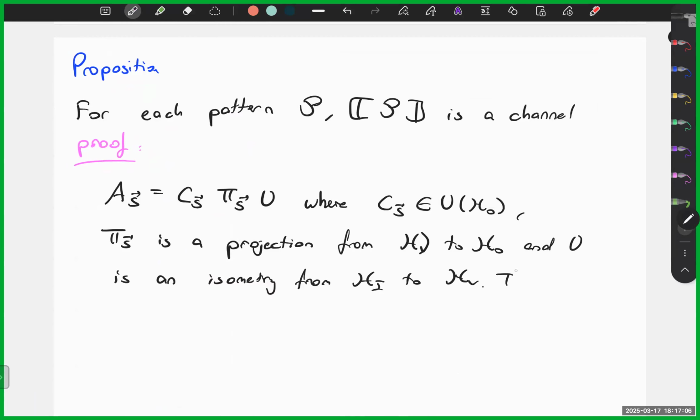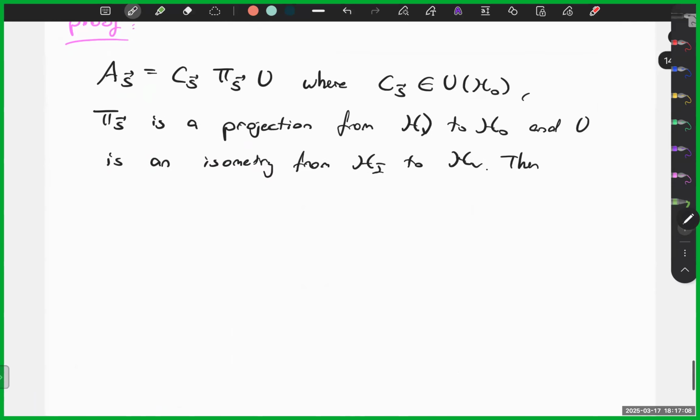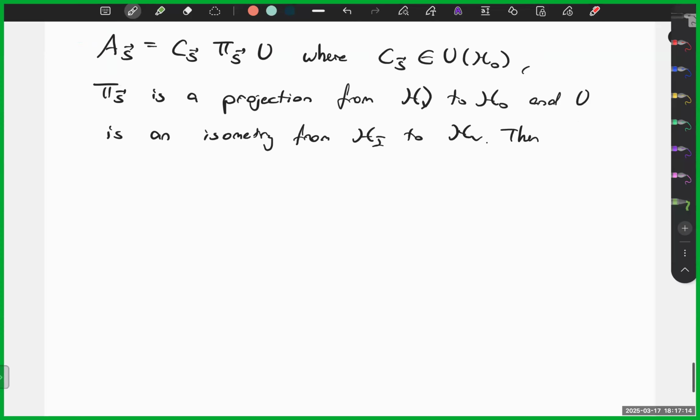Okay. Then I will use the corollary 2.27 from Watrous.